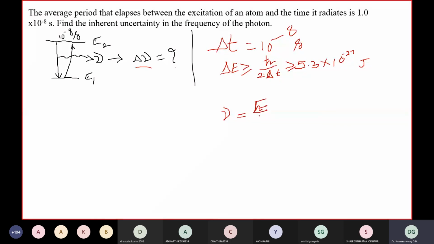So delta nu is equal to delta E by h. Find out what delta nu is now. Delta E we already know, 5.3 into 10 to the power of minus 27, divided by h.